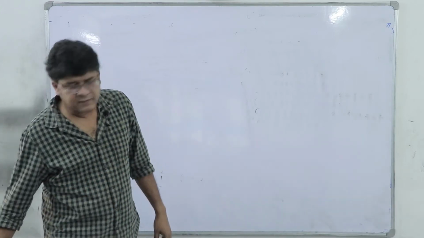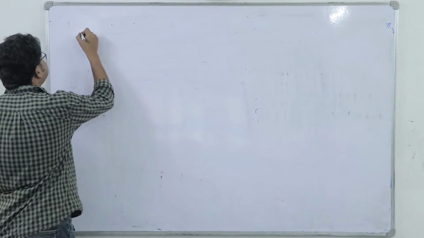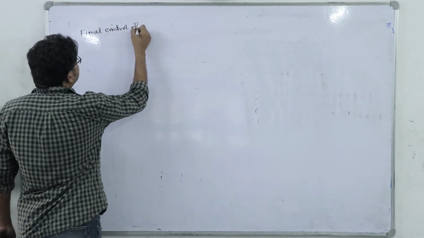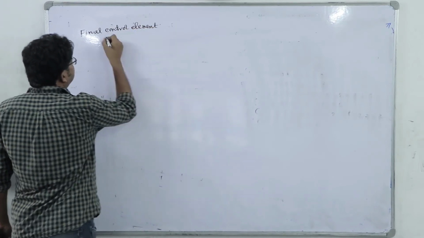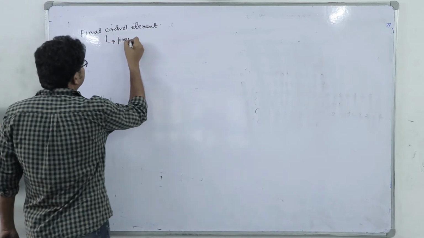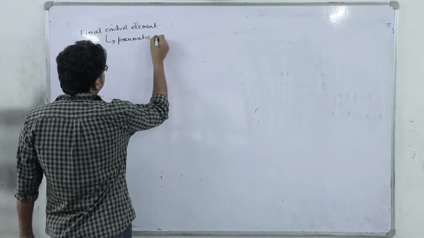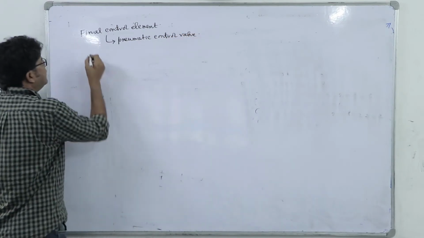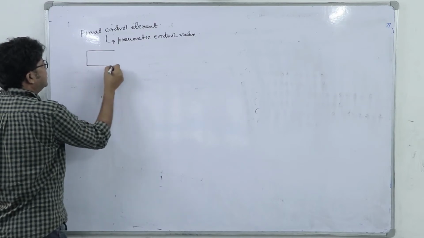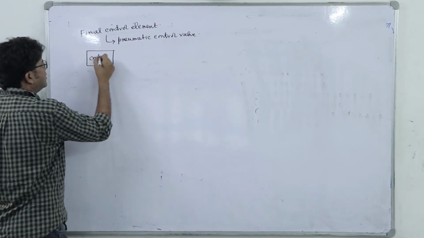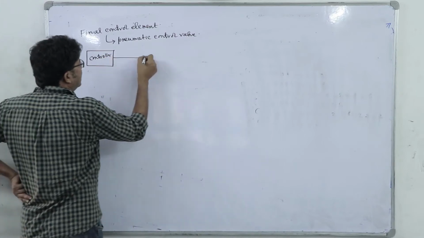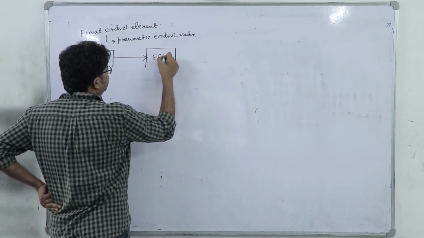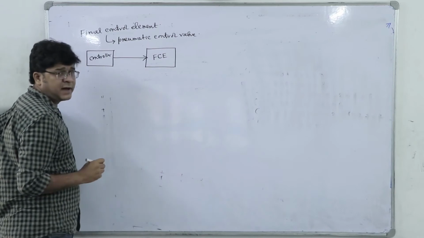You see, the final control element majorly in process industry, it is a pneumatic control valve, right. Now, from the controller in the block diagram, you have seen that if this is the controller, we have simply given the arrow and inscribed FCE in the next block, which is the final control element.